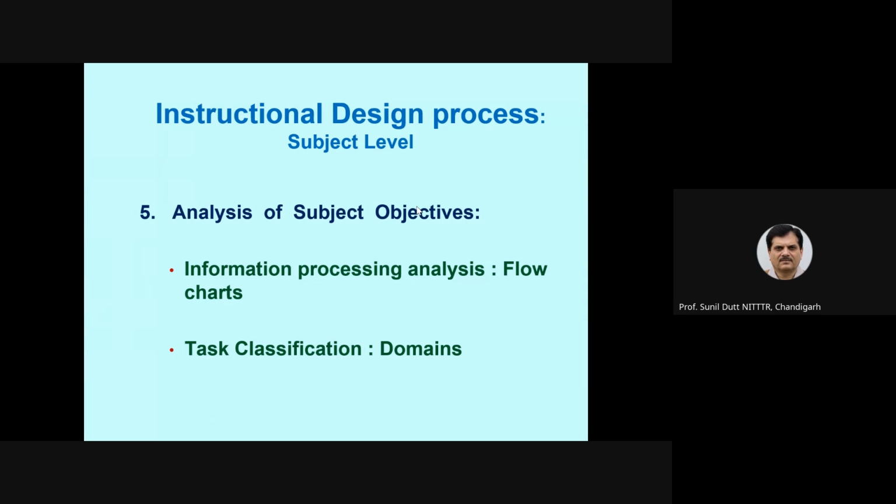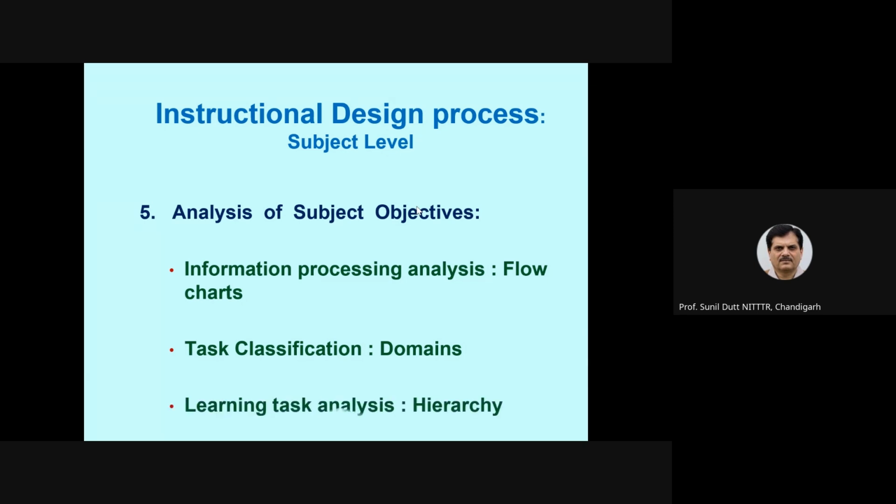The task classification. The classification is done into cognitive, affective, and psychomotor domain as per Bloom's taxonomy, or into intellectual skills, verbal information, motor skills, attitude as given by Gagne. So you can go for any one, but these days we are following Bloom's taxonomy.